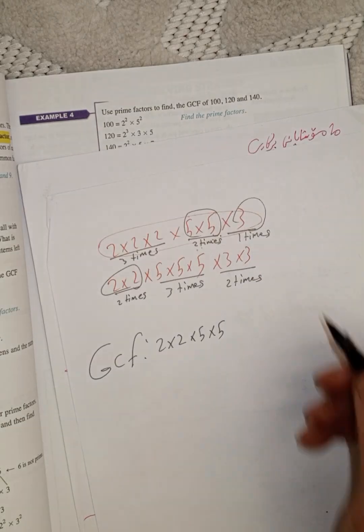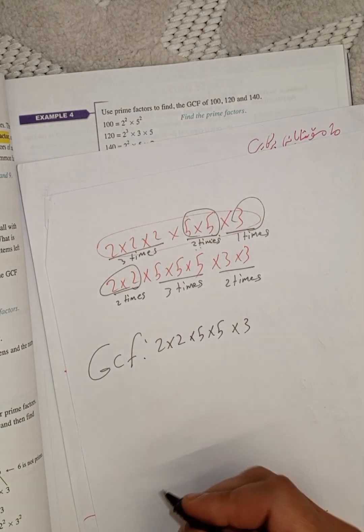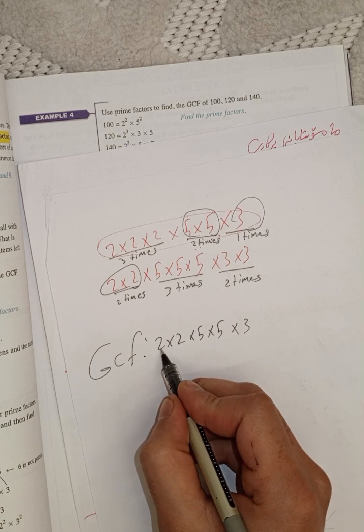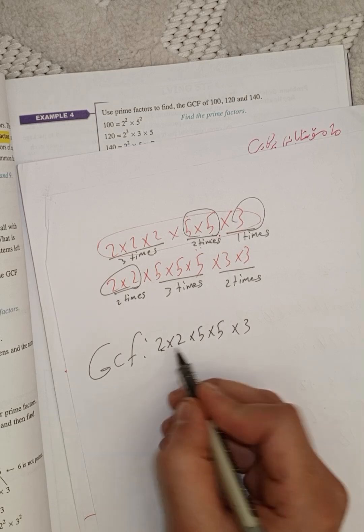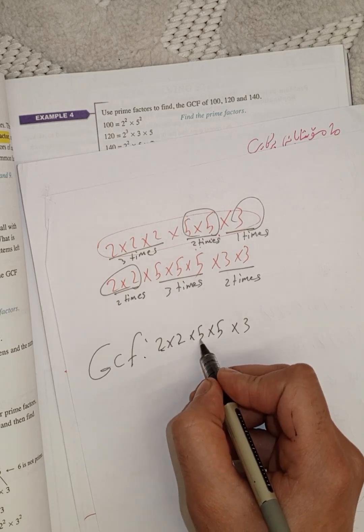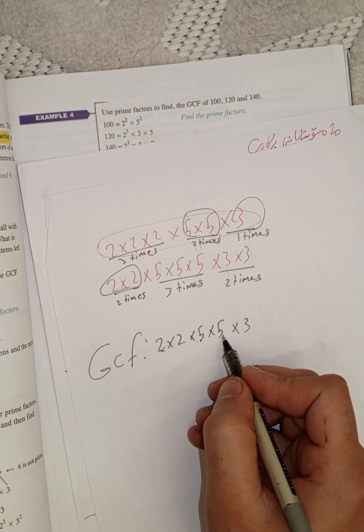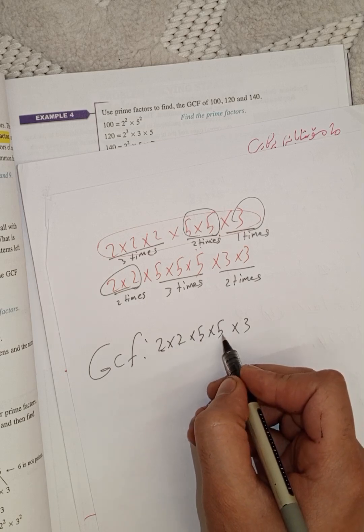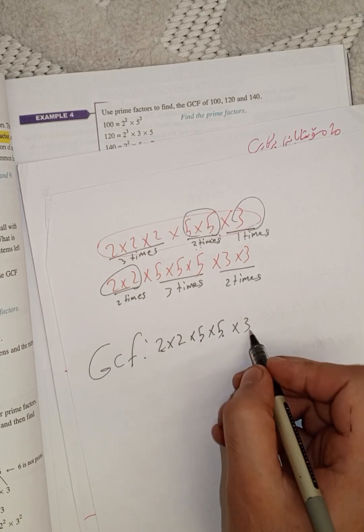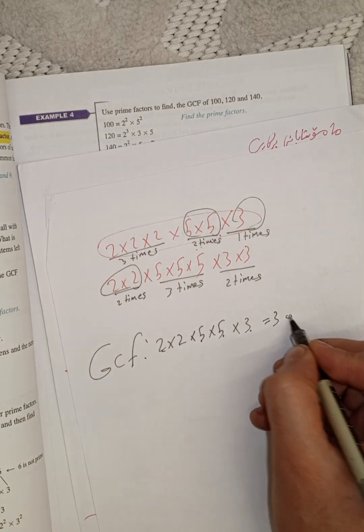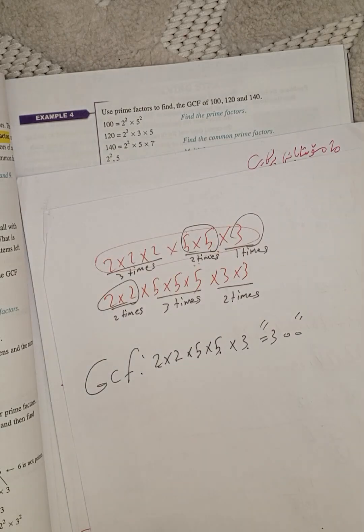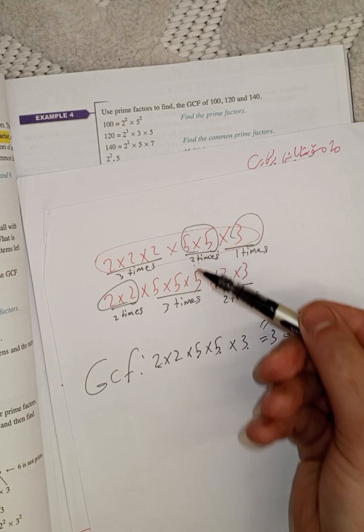Choose the least, 1 time, so times 3. Multiply: 2 times 2 is 4, 4 times 5 is 20, 20 times 5 is 100, 100 times 3 is 300. So the GCF is 300.